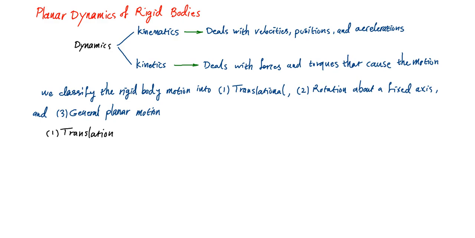What we need to do now is to just add the forces and torques into the whole analysis. So we're going to use what we always use when we want to relate kinematics to dynamics, right? We're going to start with Newton's second law. We're going to use Newton's second law to study the motion.